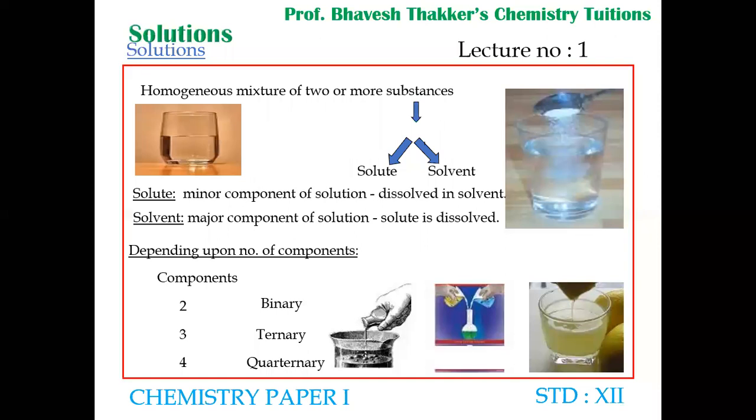On the basis of number of components, solutions are classified as binary, ternary, quaternary, and so on. In our syllabus, we are going to study only binary solutions, which are made up of two components. One is solute and the other is solvent.